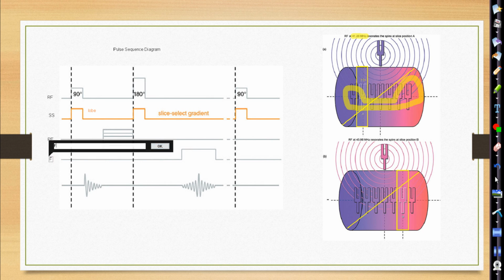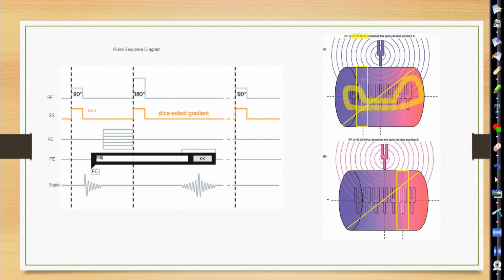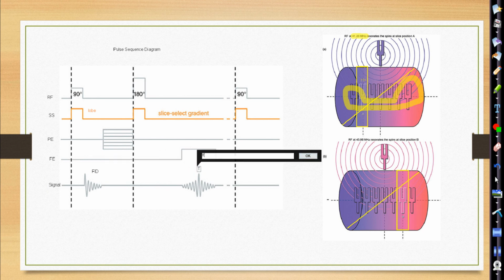Our fourth is frequency encoding. And then this is really just our signal, the way it looks throughout the pulse sequence. We know that this initially is our free induction decay, and this peak amplitude is our TE, basically when we're going to be reading out the signal.